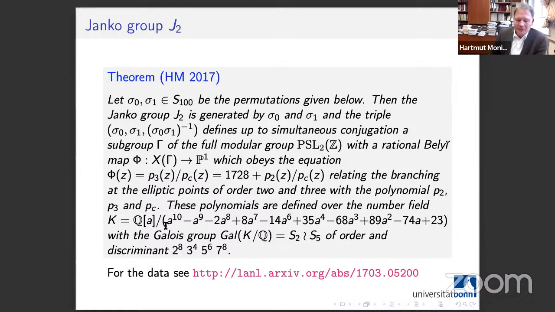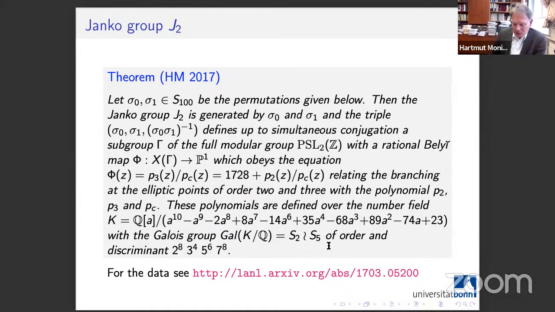This number field is a relatively generic number field, but it has a Galois group which is the wreath product of S2 and S5. What is known for Janko2, from calculations by Malle and Matzat, is that the upper bound for the field of definition of Janko2 is actually 10.